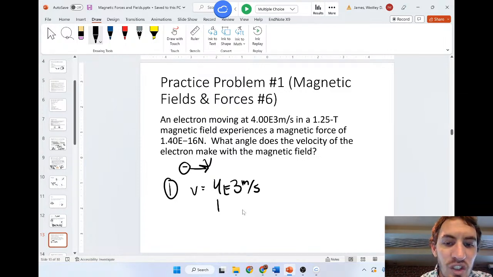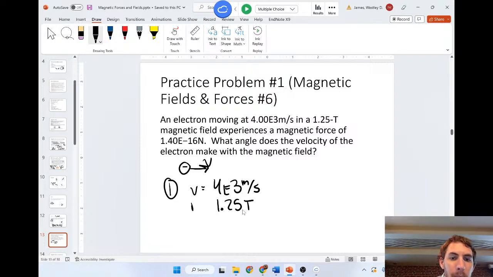I can do that for my next variable too. 1.25 Tesla. That's the new unit we've seen today. What does that one go with? Magnetic field. The variable for magnetic field, I'll remind you all, is B. I'll specifically clarify that because it's weird. Why is it B? We'll Google it at the end of class and explore that.